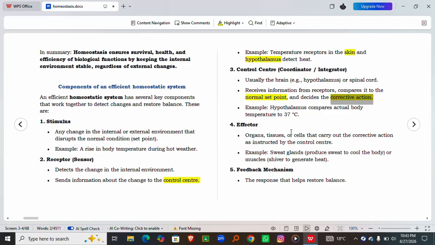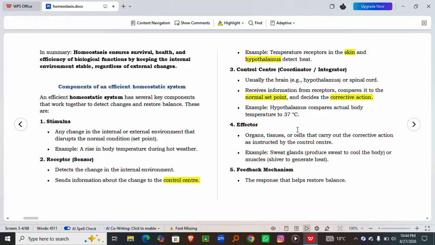For example, the hypothalamus is going to compare the actual body temperature to 37 degrees centigrade, and it will determine that the temperature has either gone higher or has gone lower, so that now a response is going to be produced, and that is the corrective action. The body will respond to the temperature, whether it has gone too high or too low, to bring it back to normal.